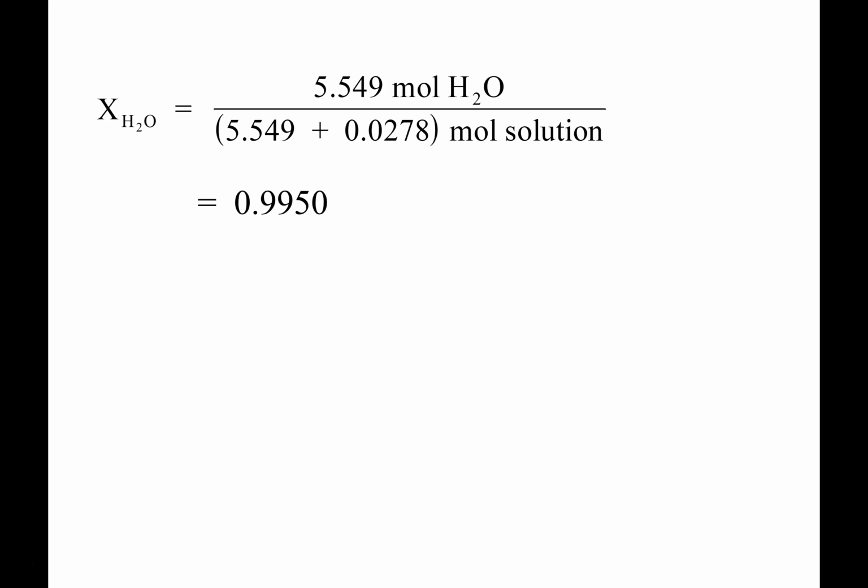So now all we've got to do to finish it up is take that 0.9950 and multiply it by the thing we got from the table, that P naught.